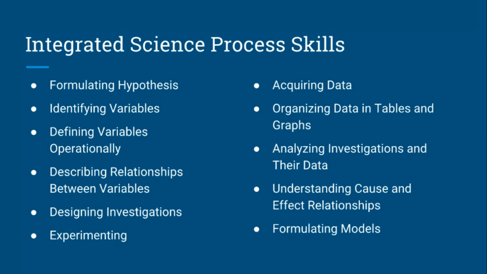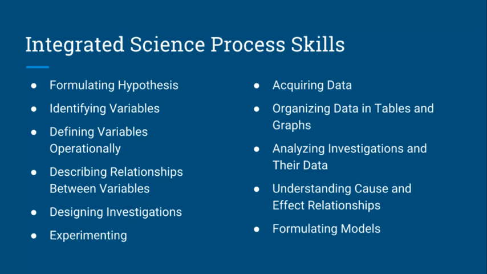They have to identify the variables, and have to sometimes define the variables operationally, because sometimes you don't have definitions that you can take from a textbook in a real science inquiry activity.